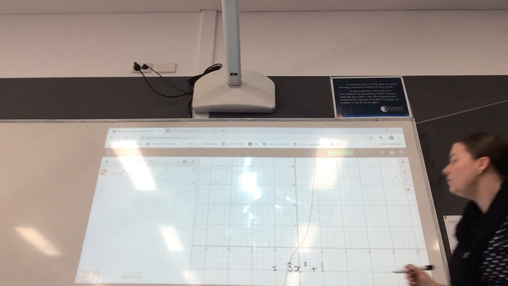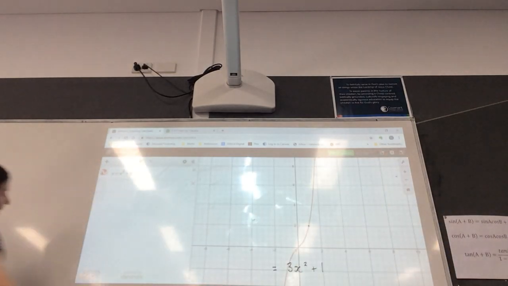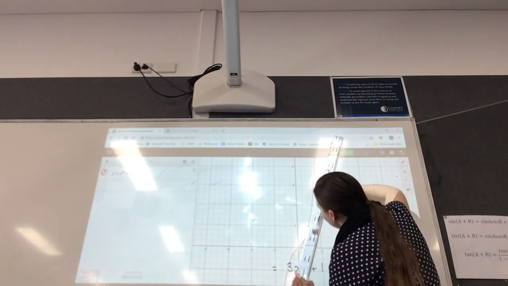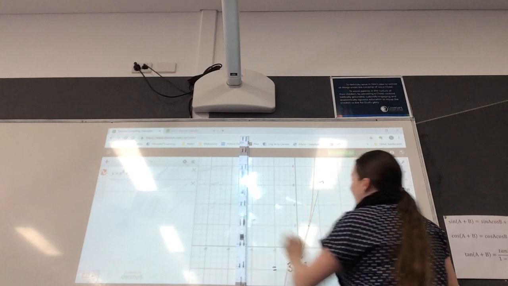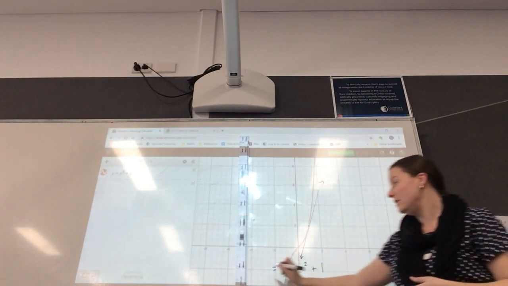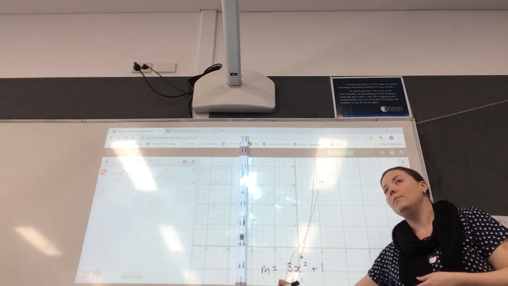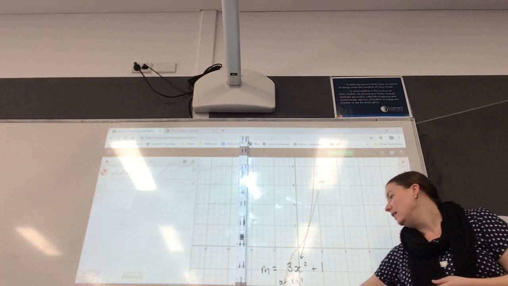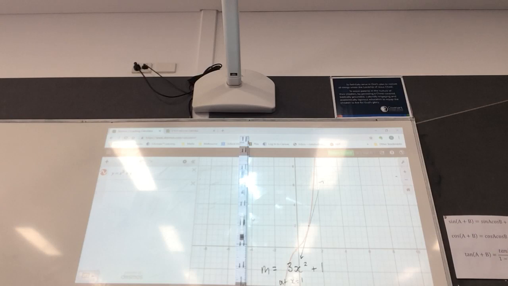So if I choose a point, like where x equals 1, and I draw a tangent at this point, the gradient of this line at x equals 1 will be 3 times 1 plus 1, which is 4. That's the gradient of this line, right?